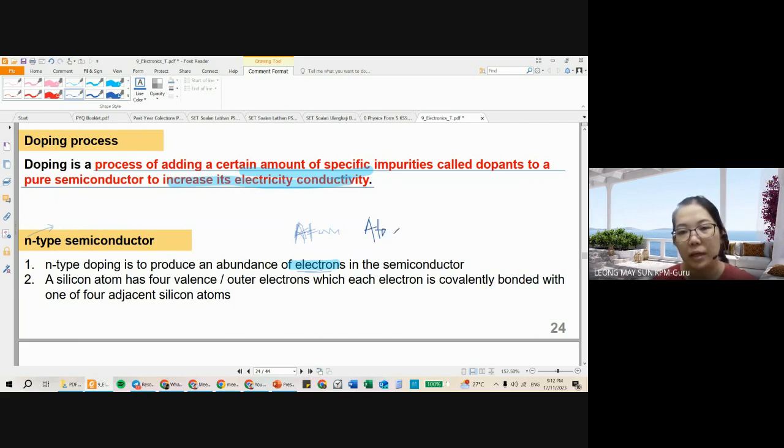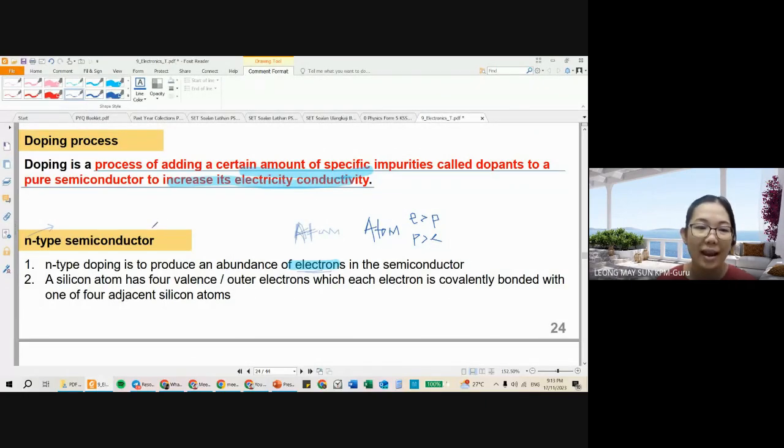In chemistry, when you have an atom and it has more electrons compared to protons, we call that atom a negative ion. And when it has more protons compared to electrons, we call it a positive ion. So in physics, when the electrons outnumber the protons, it's negatively charged, and when there are more protons than electrons, it's positively charged.